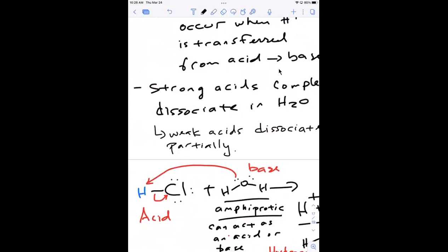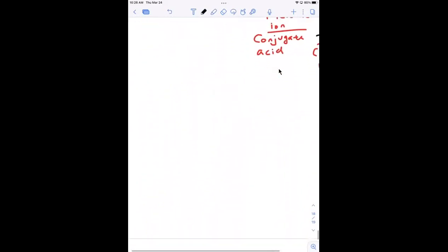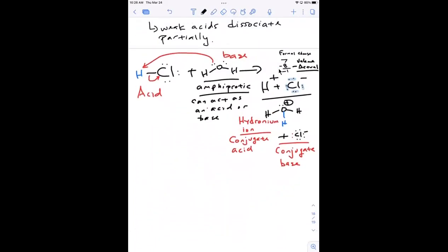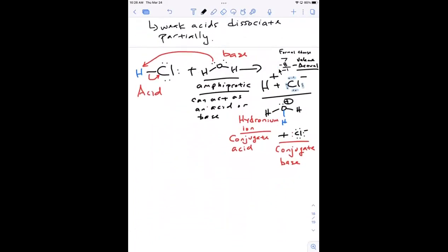So when we think about acids and bases, let's do another example. This is an example of a strong acid. When you dilute it with water, it is going to completely dissociate, so you'll have the ions in solution.